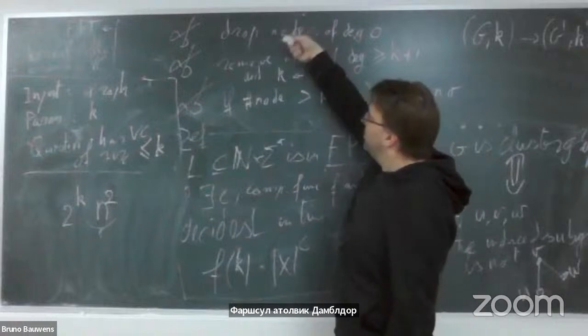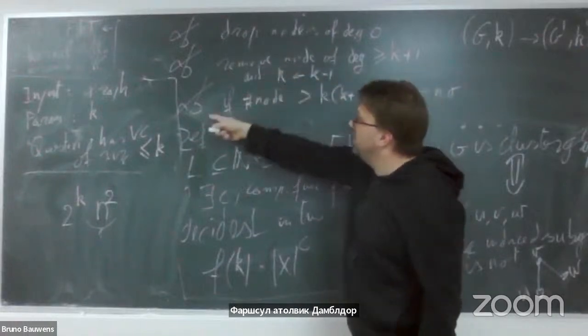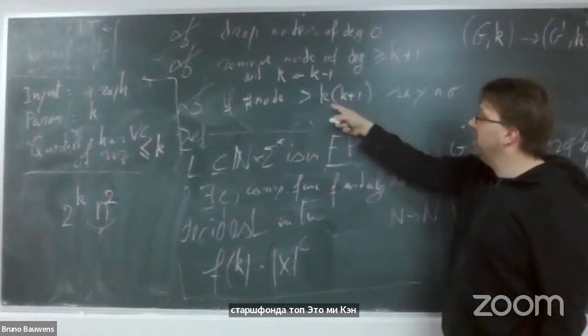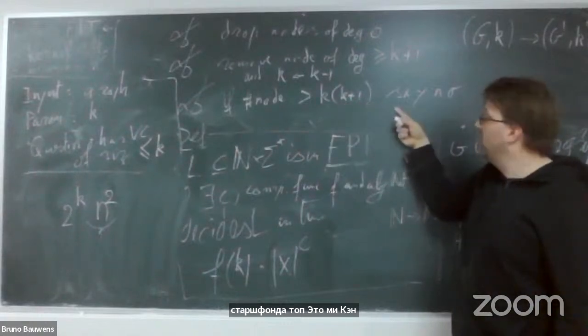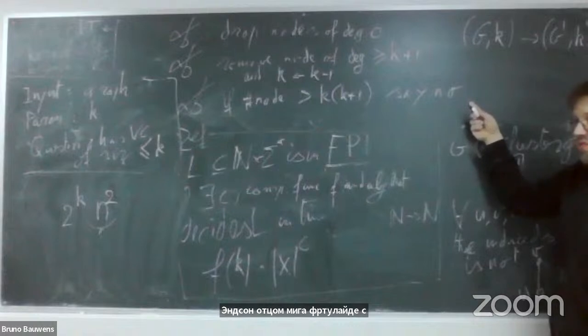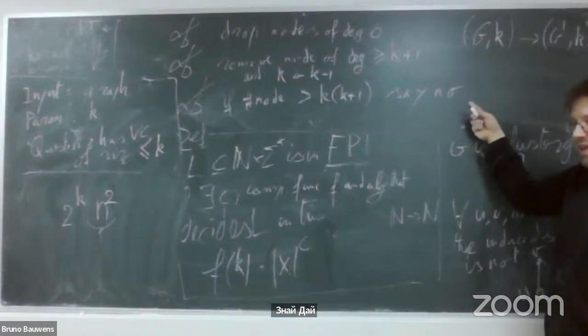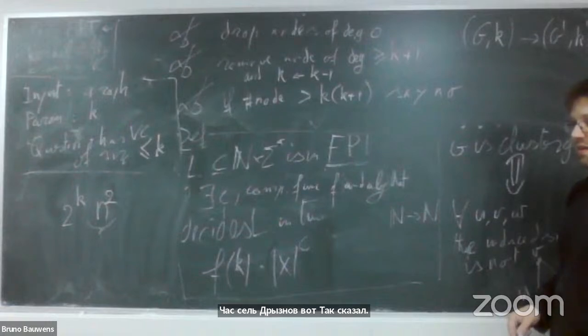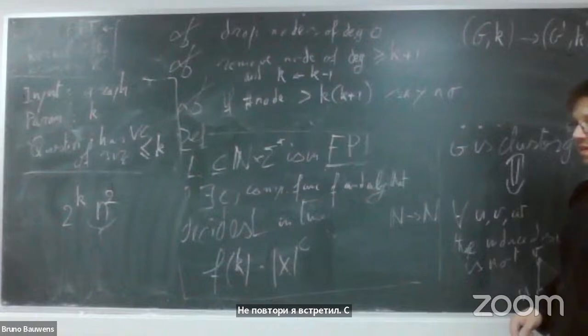When we have applied this as far as we can, and there are strictly more than k times k plus 1 nodes left, then we just say there is no vertex cover. Because k times k plus 1 is twice the number of edges of one fully connected graph of size k.